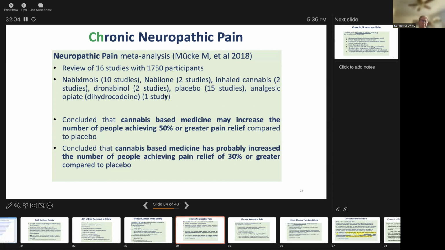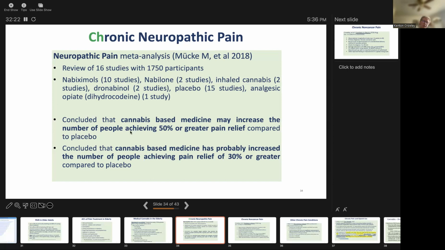Nabilone and dronabinol are both commercial products, Schedule 2 and 3, available in the US today.